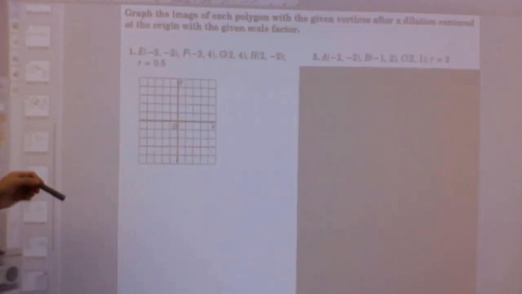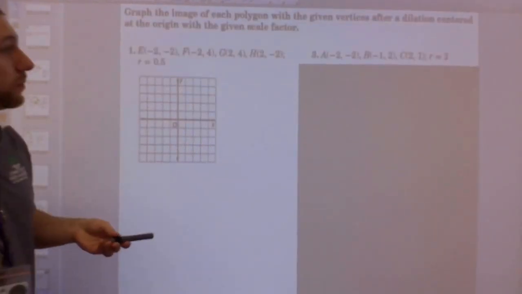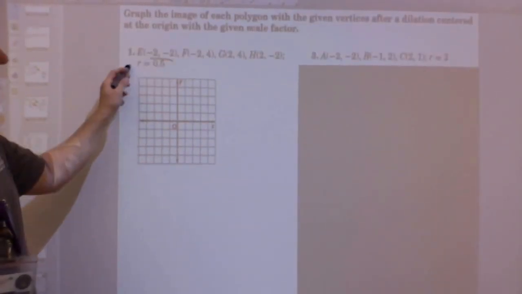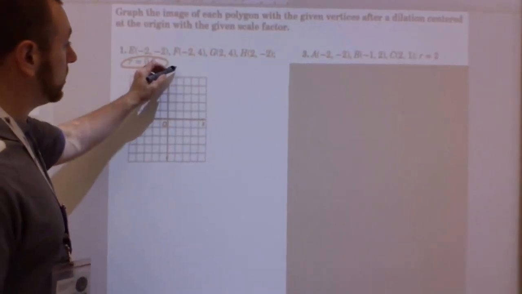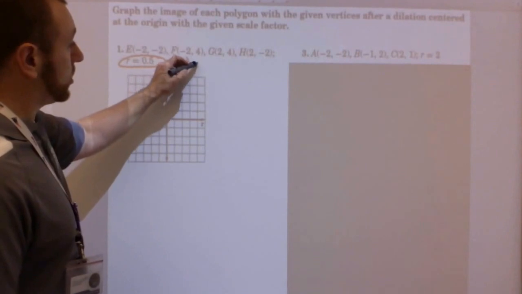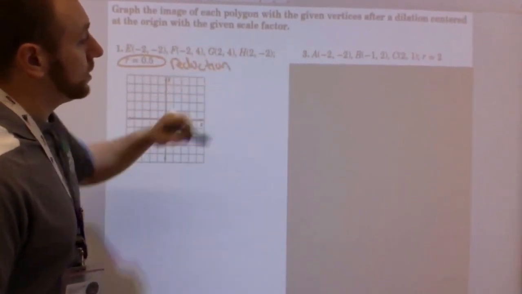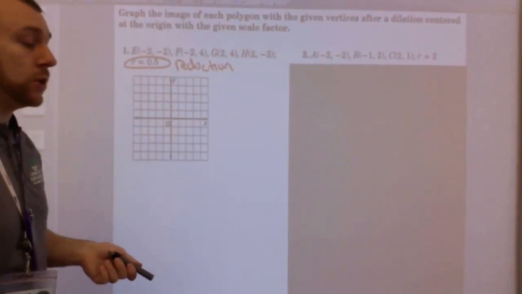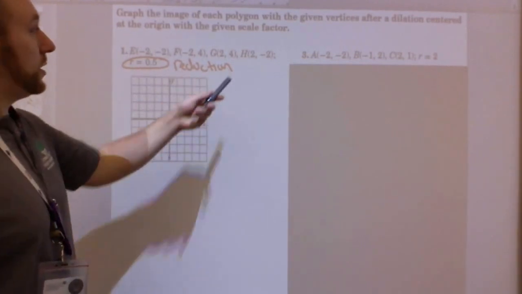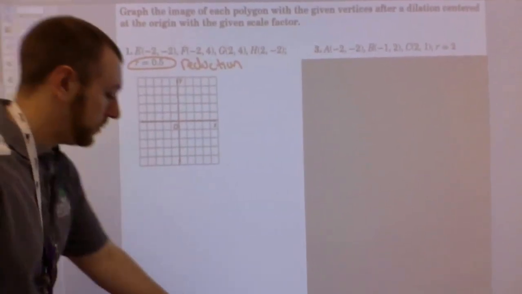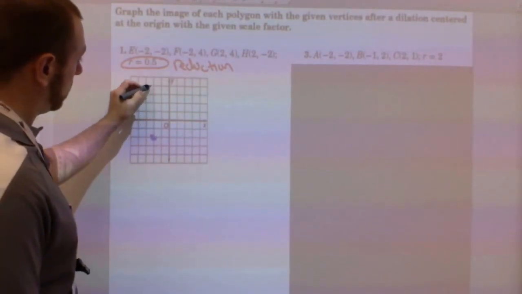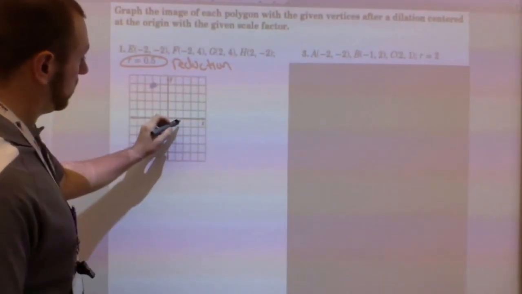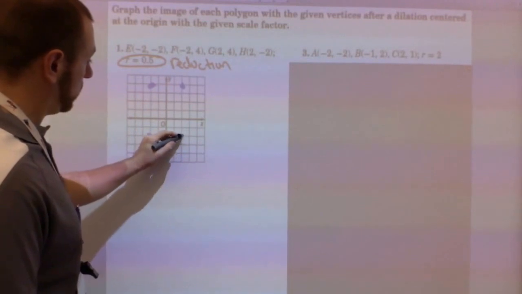For a reduction, we're given, okay, now this is 0.5. 0.5 is less than 1, so this is a reduction. So what I'm going to do is take each one of these points and plot them. I'll plot them in blue. 2, 4, and 2, -2.